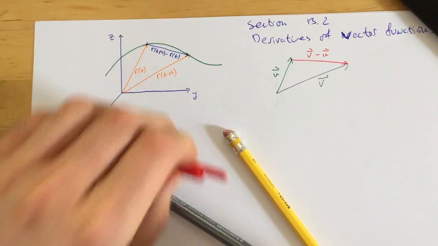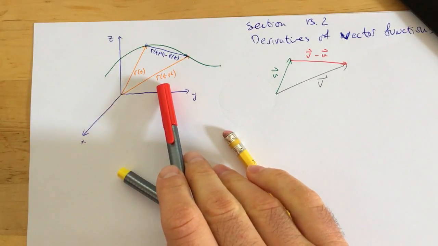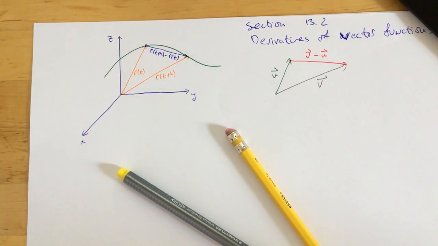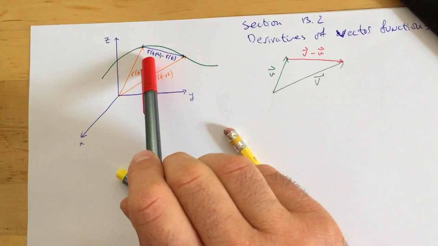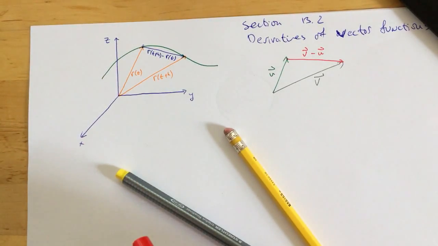Similarly, this is my vector r of t, and this is my vector r of t plus h. Then this vector here is the vector r of t plus h minus r of t, called the secant vector.